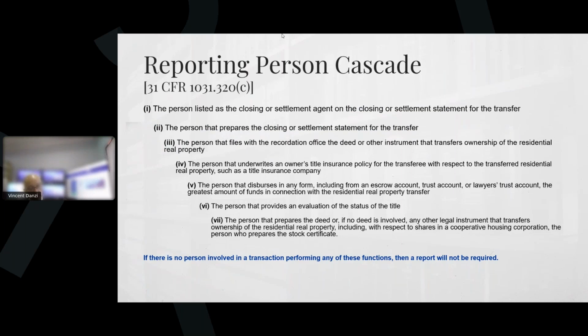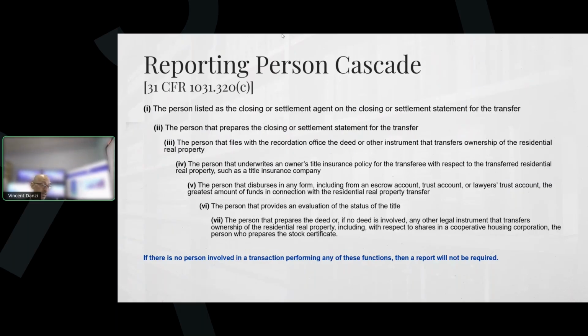What worries me most about the rule are these courtesy recordings, because that's really where I see that we will have questions. But yes, at the top of the reporting person cascade is always that settlement agent or the person that's listed there.